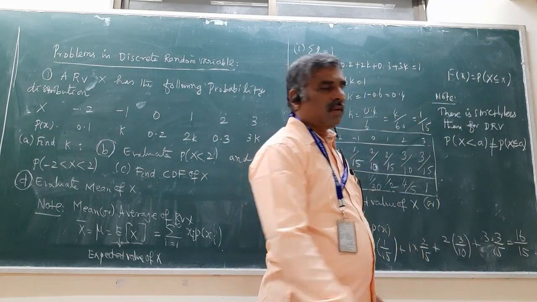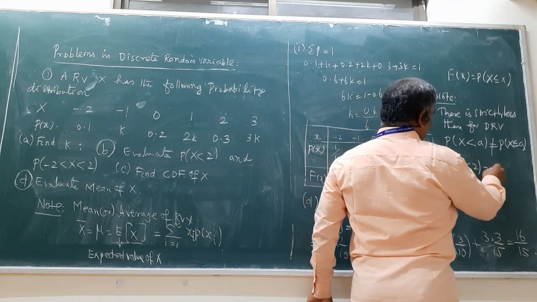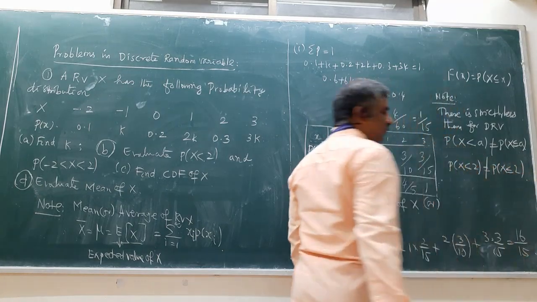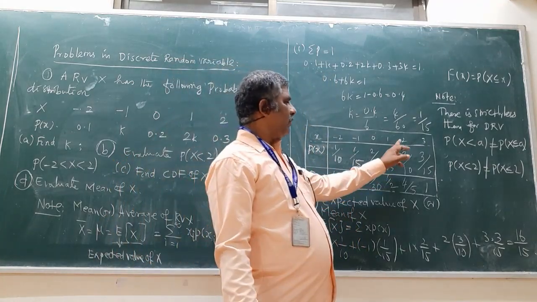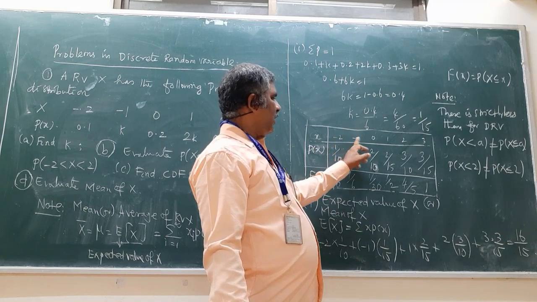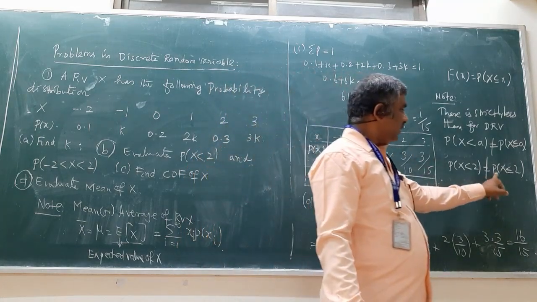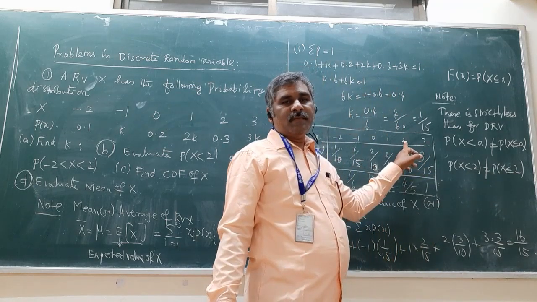For example, probability of x less than 2 is not equal to probability of x less than or equal to 2. See here in the example, x less than 2 means -2, -1, 0, 1. But x less than or equal to 2 means it includes 2 also.